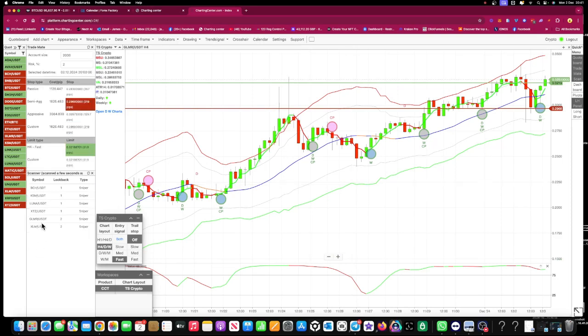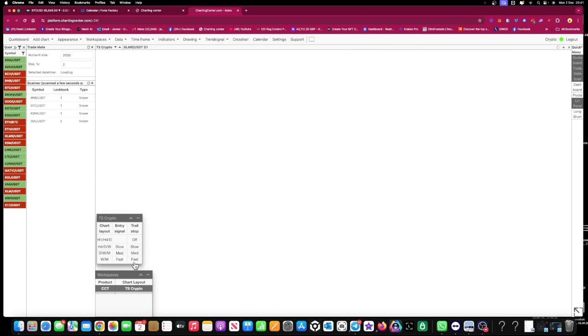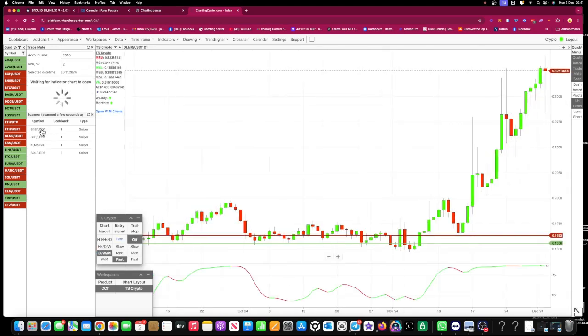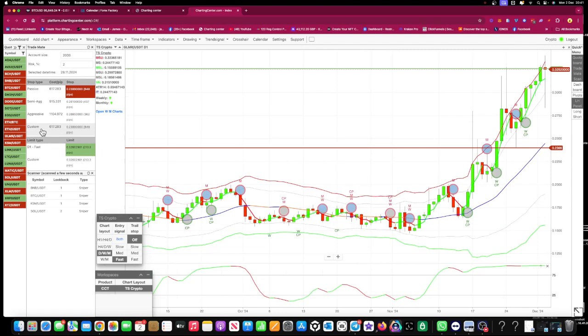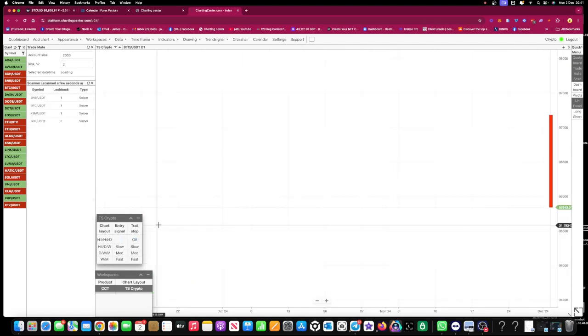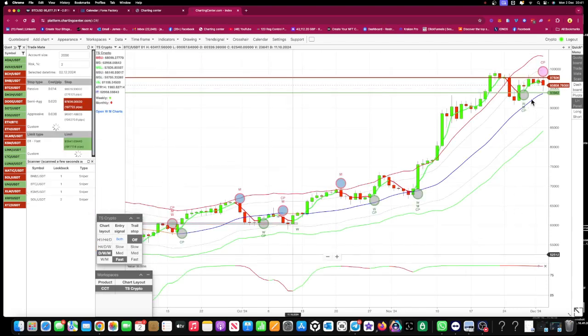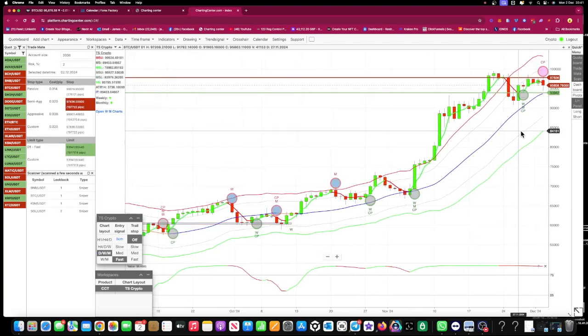Because all you've got to do is look, zoom out. Just have a look and see if there's any daily setups. BNB. No. Bitcoin. Okay, that gives me a potential short, you see, on Bitcoin on the daily.